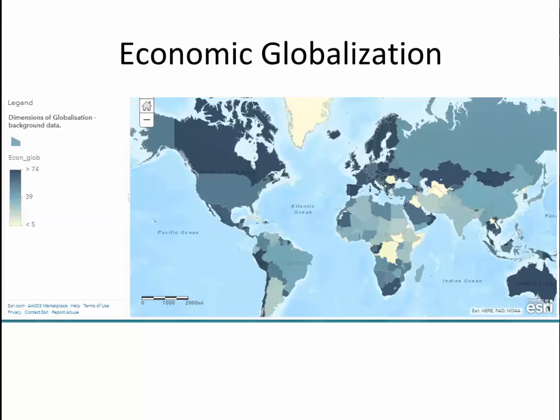With such large internal populations, the amount of integration economically is less important. You have a lot of people at home to buy and produce for. Okay? So again, economic integration for small countries with small populations kind of force you to go look elsewhere for both sellers and buyers. We are certainly significantly integrated, but we're not at the top. You'll notice that all of the Western European states, the small states in Europe, are highly integrated.